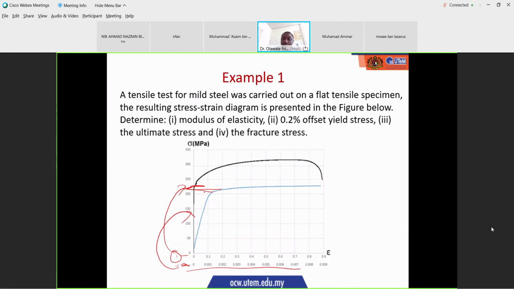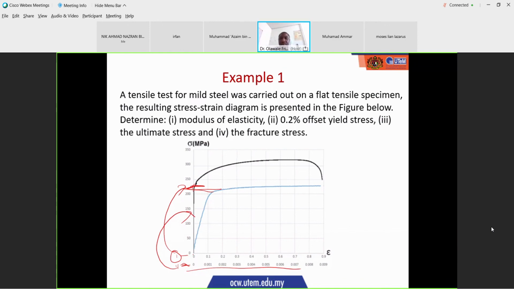So now the blue is only from here to here, whereas the black line is the entire curve. Why do we zoom in? Because the black line has no linear region. There's no elastic point. You cannot see. Here it is difficult to determine your elastic region and your 0.2% offset. So we zoom in. Understood? Now I want us to look at these four questions. Which one do you think is easier to do?